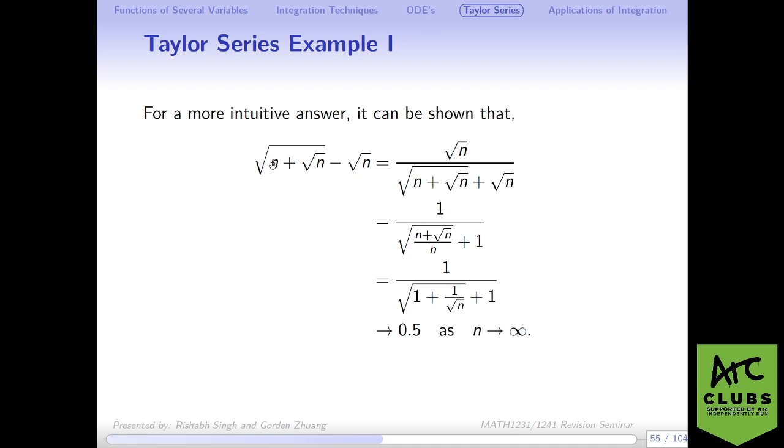Then the square roots are removed on top, so it becomes n plus square root n minus n, which leaves square root n on the top. Then if we divide by square root n, we get this, which is just some manipulations. As we take n to infinity, all this cancels out, so we get 1 over 1 plus 1, so we get 0.5, which tells us why our sequence converges to 0.5.